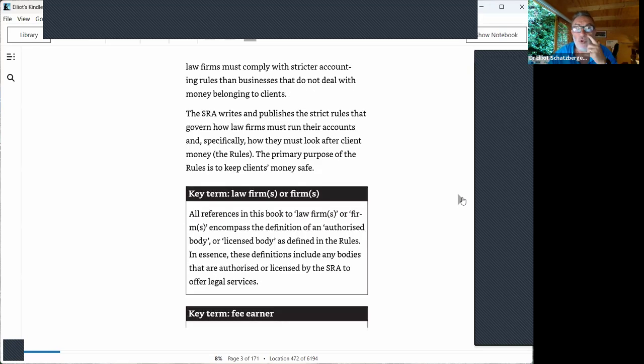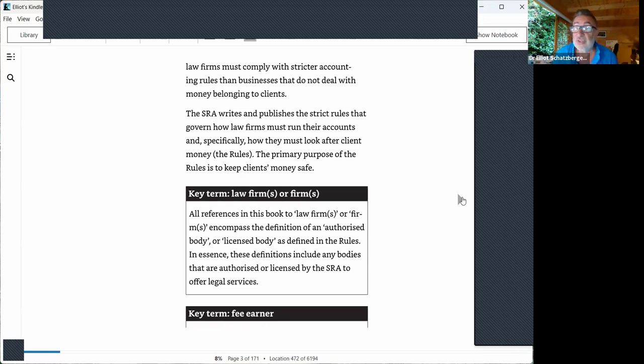So, golden rule here, you've got to follow these rules. And rule number one really is that client money and your own money must be kept separate, both physically and in your bookkeeping. That's how this works, physically and in your bookkeeping.